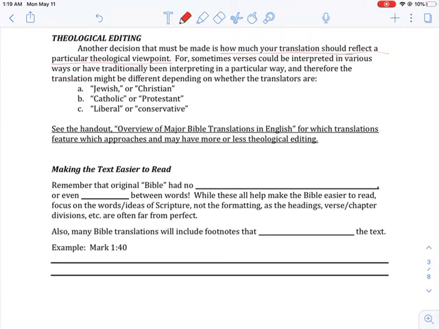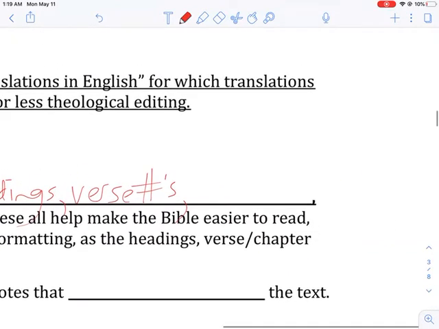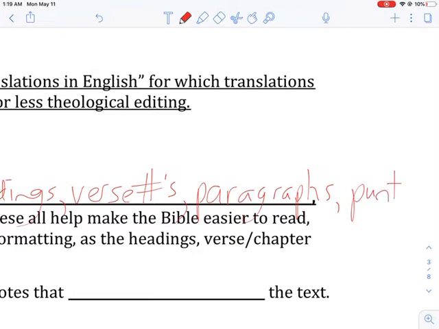The original Bible, as you saw in the manuscripts, had no headings, no verse numbers, no punctuation or paragraphs, or even space between words.